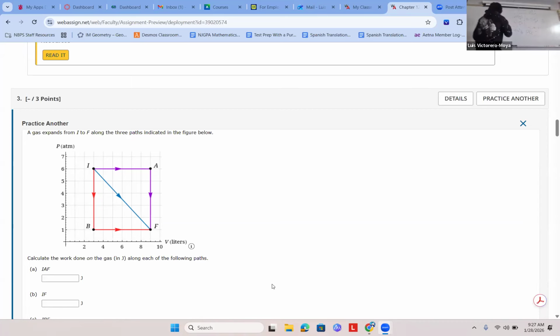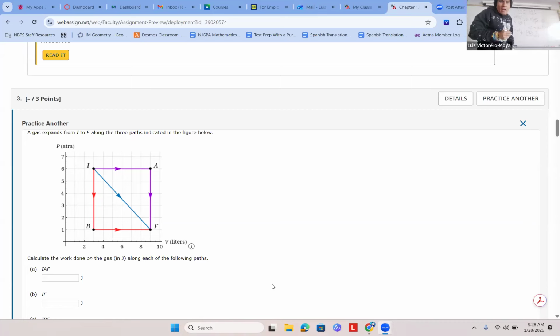And you want it in joules. So remember, 1 atmosphere is equal to 10 to the power of 5 pascals, which is Newton per meter squared. And then 1 liter is equal to 10 to the negative 3 meter cubed. You want SI units. So that's basically units if you think about it.